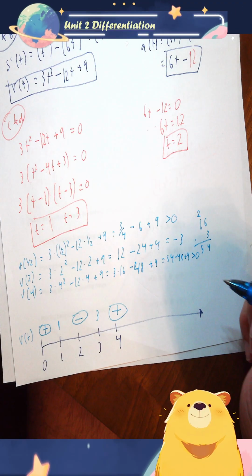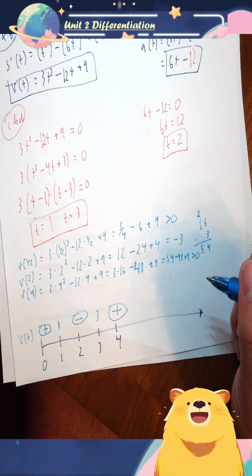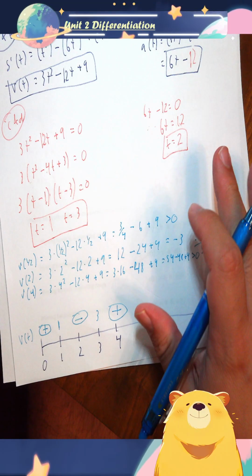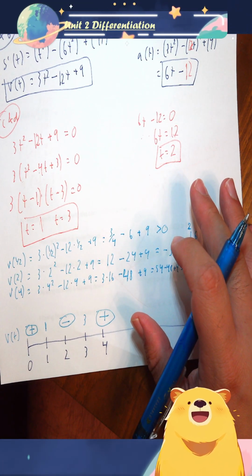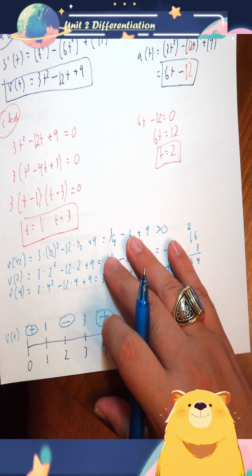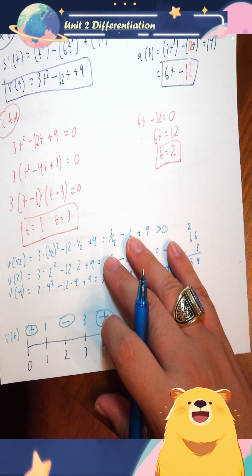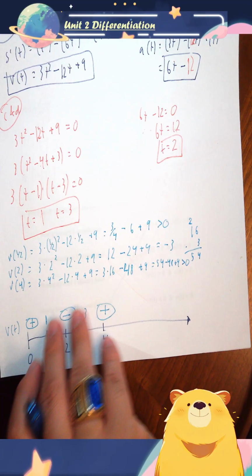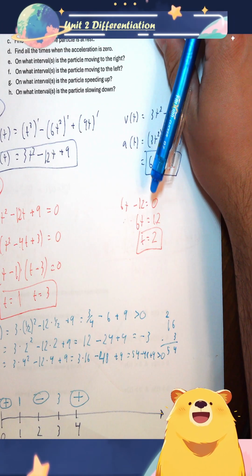Okay. So we can technically, with this information, answer E and F. It says on what intervals is the particle moving to the right, and on what intervals is the particle moving to the left. So forward and backward.